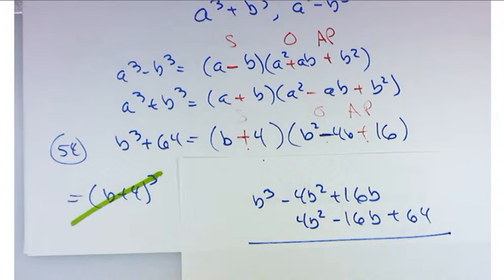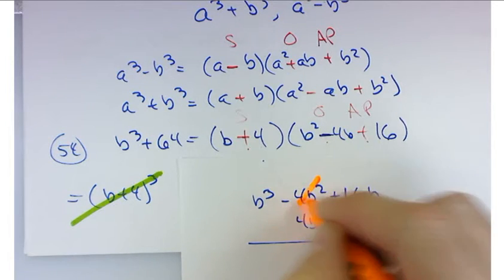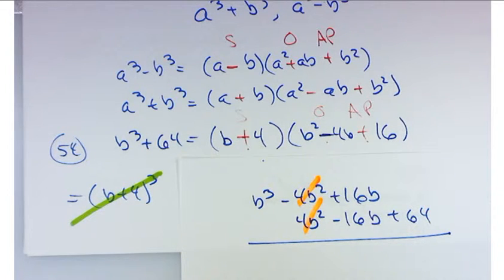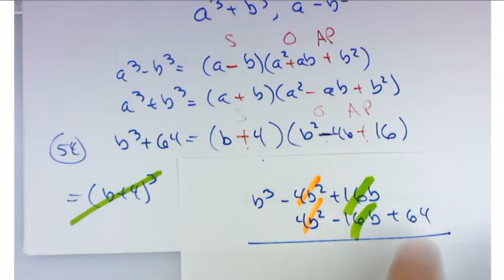When I add these terms together, can you see something special is going to happen? Those cancel out, and these cancel out. You're left with b cubed plus 64. So it looks strange at first glance, but it does work. Does that help out? Okay, good.